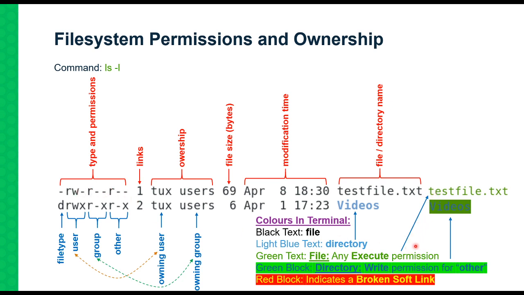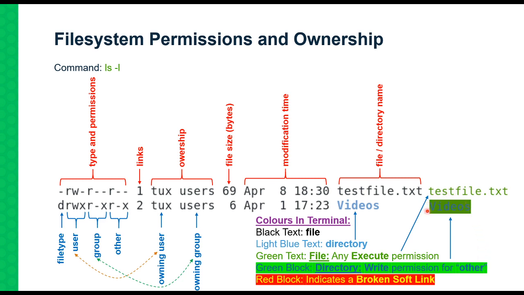When we look at our directories, the light blue indicates this is a directory. So this is just to differentiate between files and directories a lot easier instead of just looking at our permissions here at the first point. Then the moment a directory turns green, it means there's a write permission for other users.